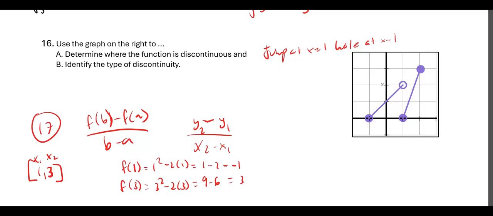So we'll go 3 minus negative 1 over 3 minus 1. 3 plus 1 is 4 over 2, which is 2. That's our average rate of change for number 17.